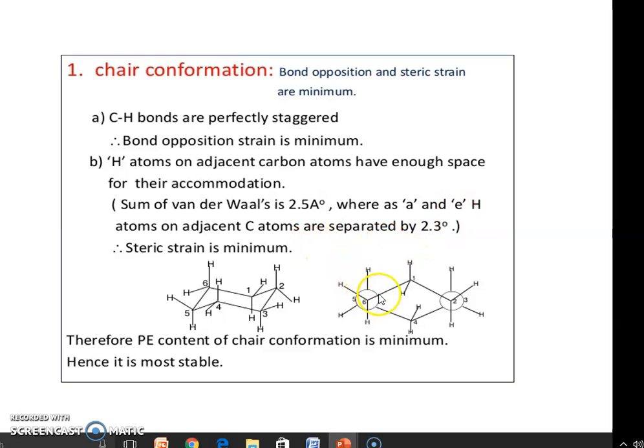This shows the minimum steric strain, and therefore the PE content of the chair conformation is minimum. This leads to more stability, and hence it is the most stable conformation among the four conformations of cyclohexane. You can note this down for 2 marks, and this is the representation of the chair conformation.